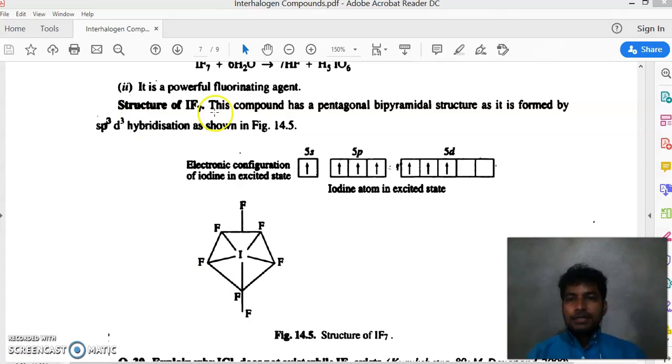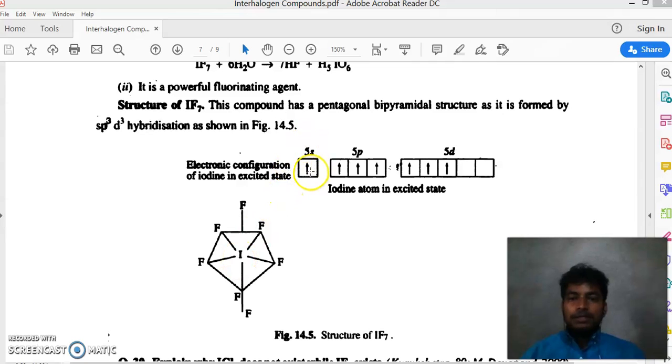Next I will discuss the structure of iodine heptafluoride. The molecular formula is IF7, and the compound has a pentagonal bipyramidal structure, and the hybridization of the central iodine atom is sp3d3. This is the excited state electronic configuration of the central iodine atom.